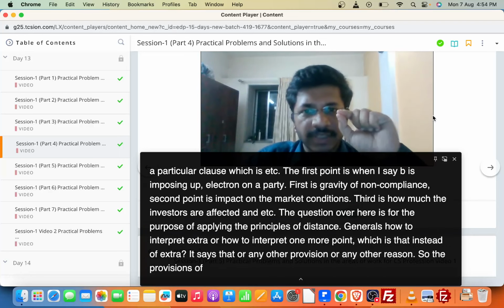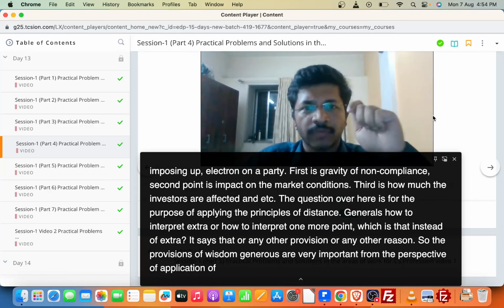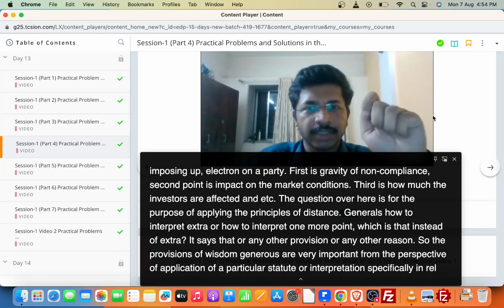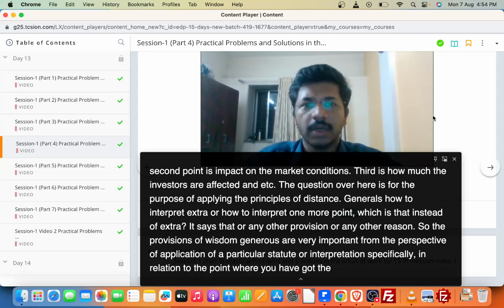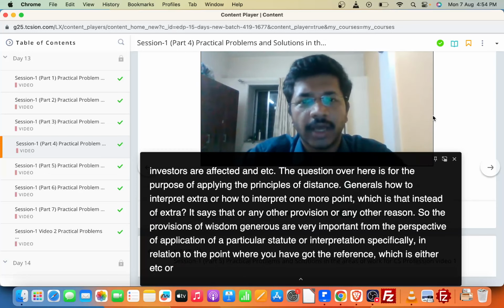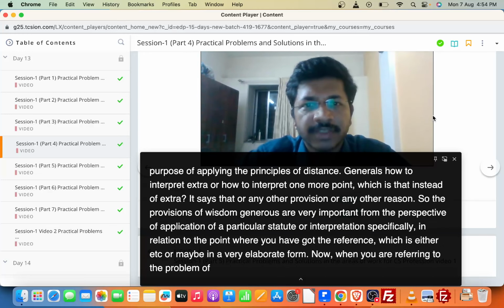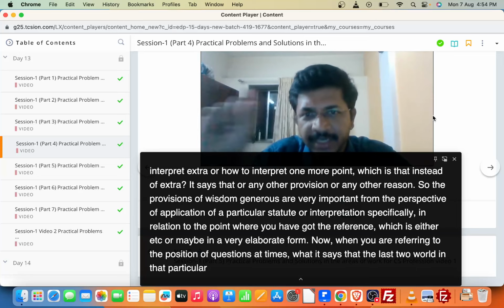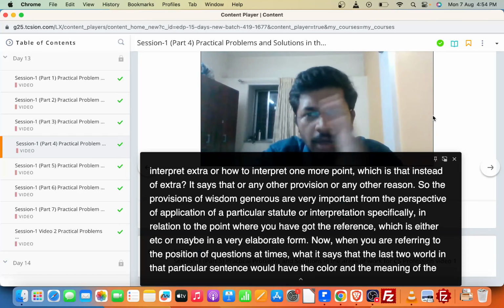So the provisions of ejusdem generis are very important from the perspective of application or interpretation of a particular statute, specifically where you have the reference etc. or maybe a very elaborate form. Now, when you refer to the principle of ejusdem generis, it says that the last word in that particular sentence should have the color and the meaning of the earlier words.